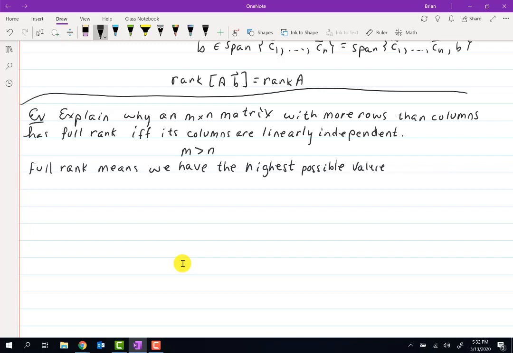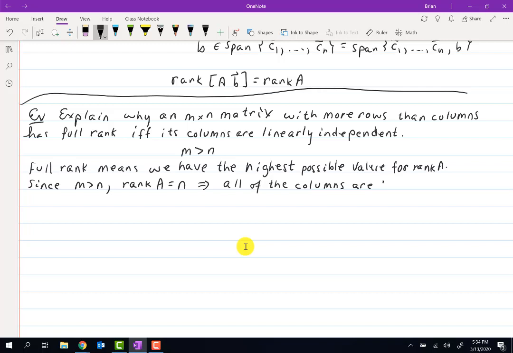Since m is greater than n, the highest possible value of rank A is n. If rank A is n, then all the columns are linearly independent.